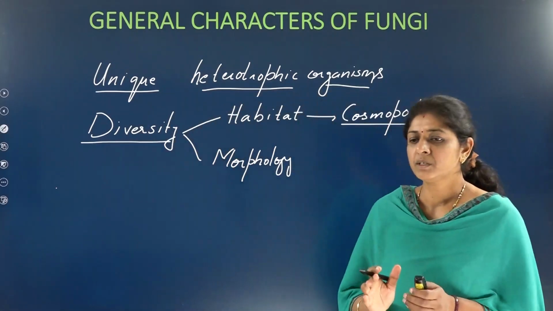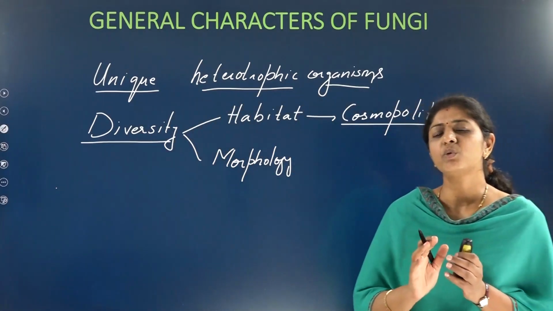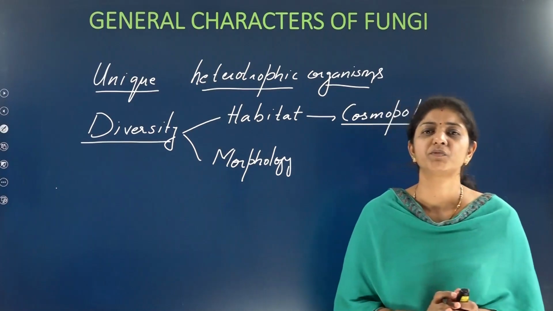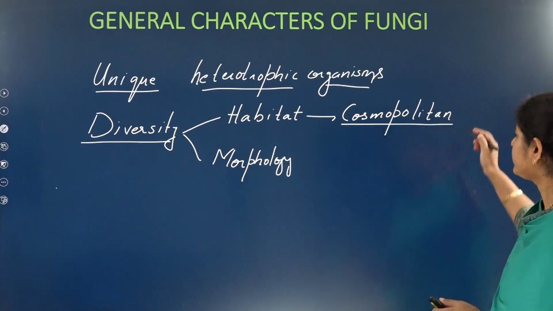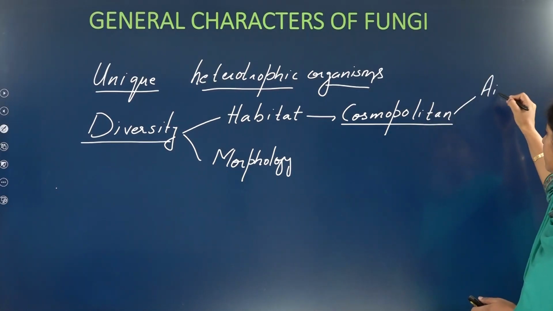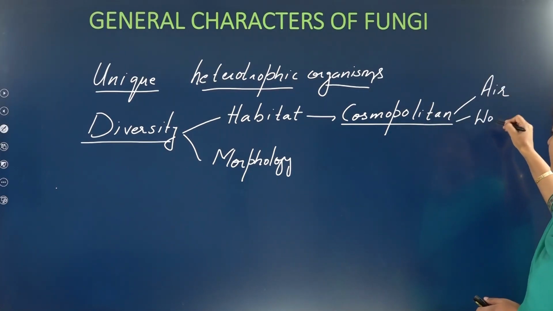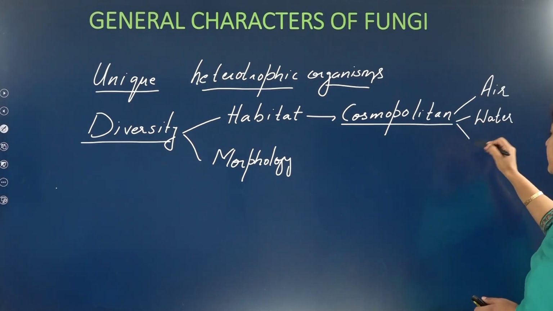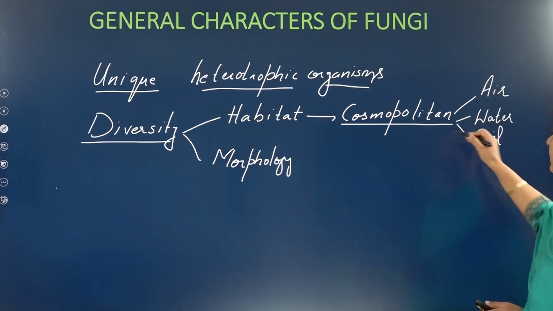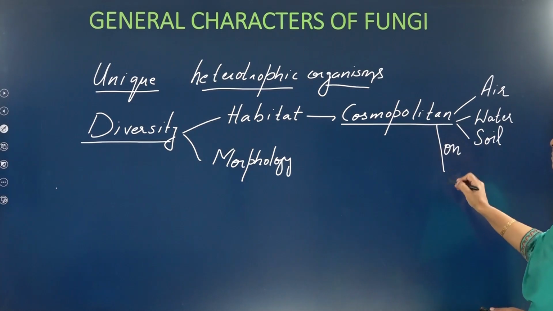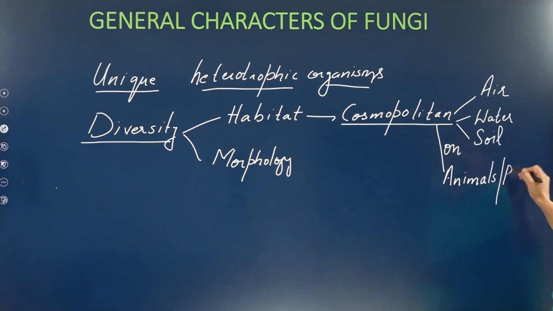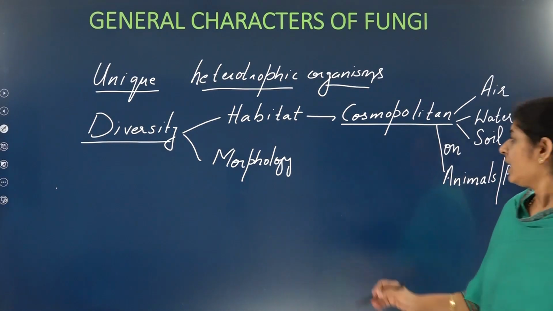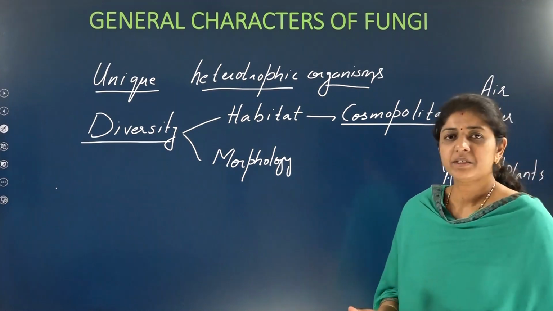There is no country that does not know what a fungus is. So it can be present in air, in water, in soil, and even on the body of animals and plants, like pathogens.